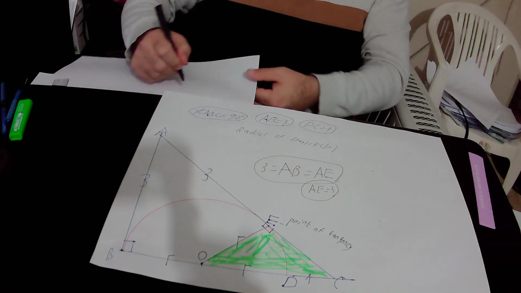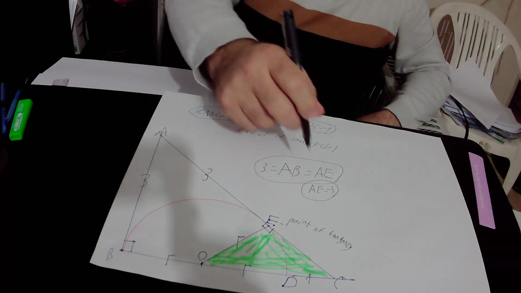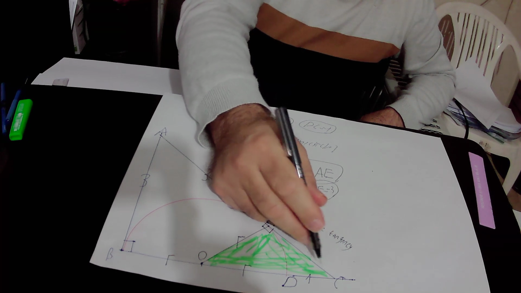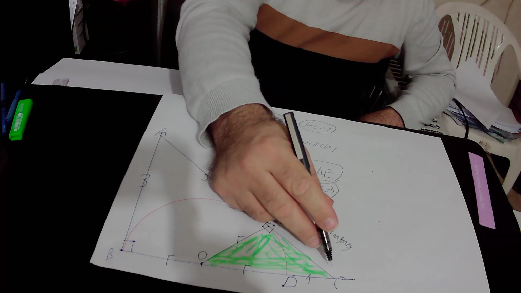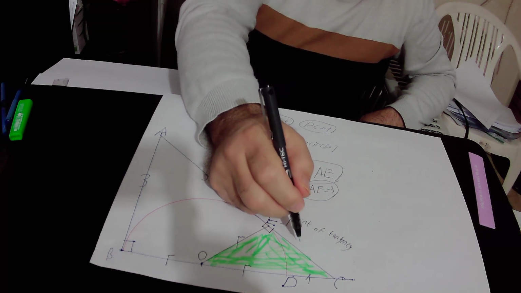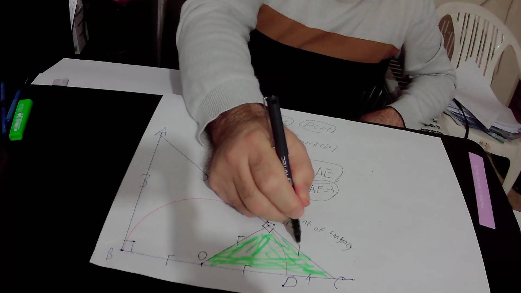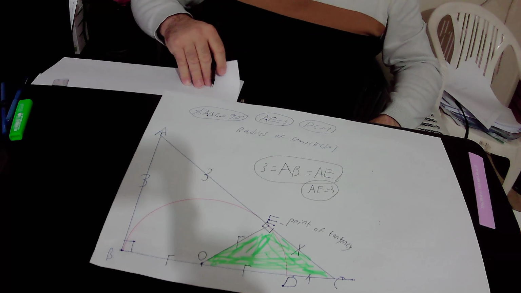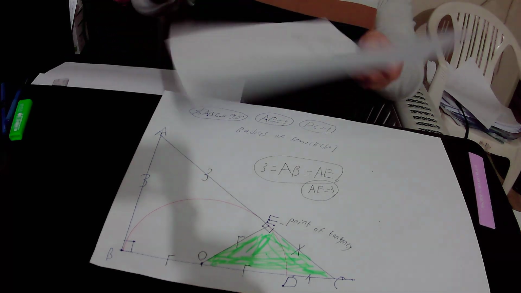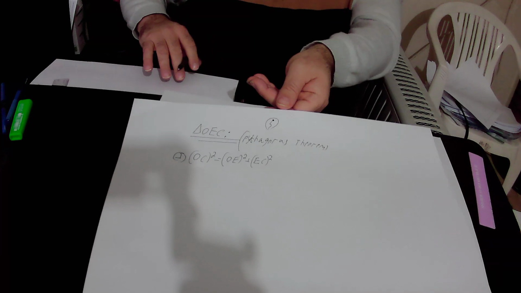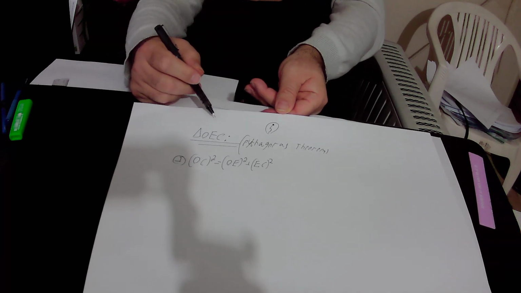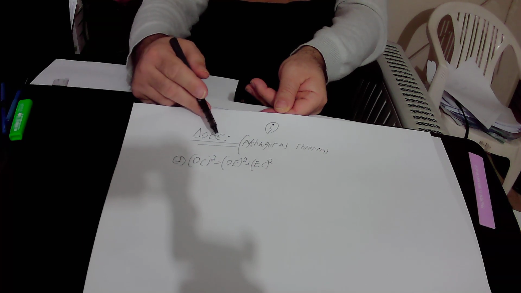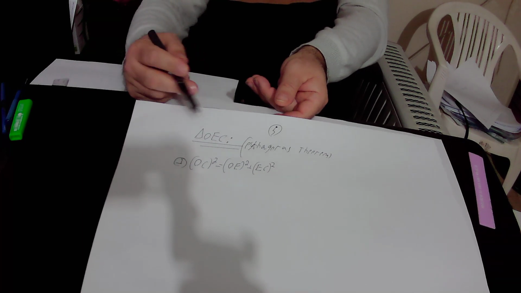We will define side EC as x, that is to say side EC equals x units in its size. So I'll repeat again, according to the Pythagoras theorem, in the right green triangle, triangle OEC, OC square equals OE square plus EC square.